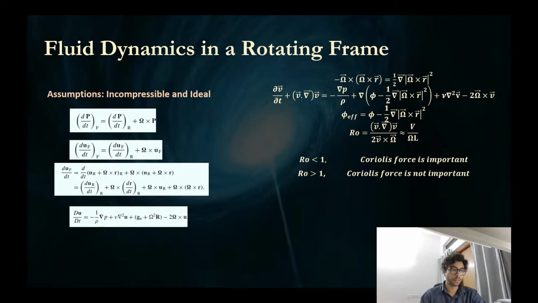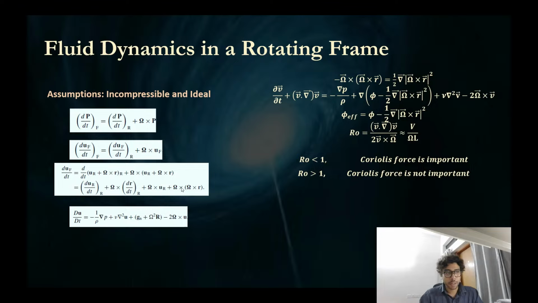This is what is causing things, for example on Earth, depending on which hemisphere you are in, the water flowing down a faucet to flow either clockwise or anti-clockwise. That is the Coriolis force causing it, because the Earth itself is rotating, and this rotation is giving rise to this force, the Coriolis force, 2 omega cross u_r. Okay?